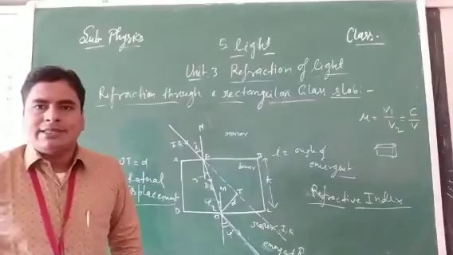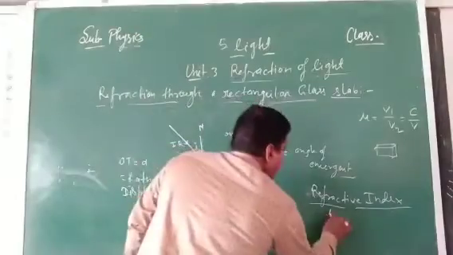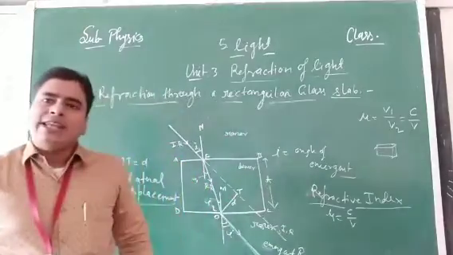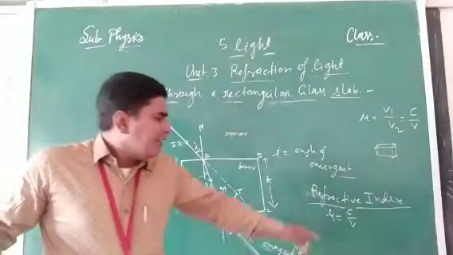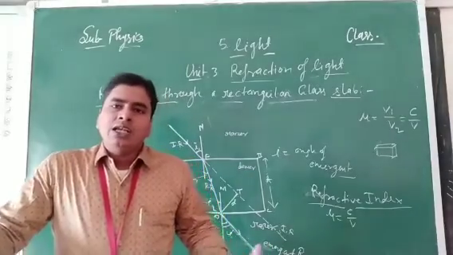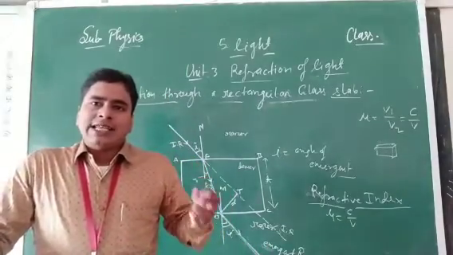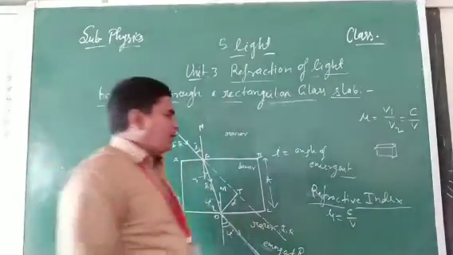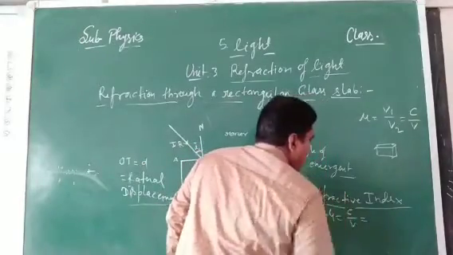Refractive index is given by mu equals C by V. C is the speed of light in vacuum or air, and V is the speed of light in the given medium. So in this way you can find the refractive index of the given medium. Suppose light travels from air to glass, and the speed of light is given.